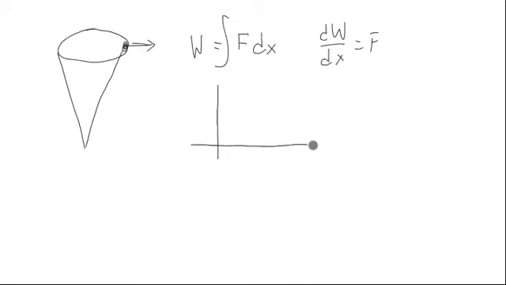So let's suppose we have an x-axis which represents different positions, and we suppose we have a graph of force at a particular position. So at this position we have a particular force. Now, how much work was done by that force over those positions?